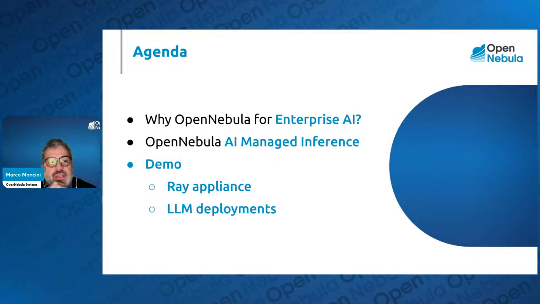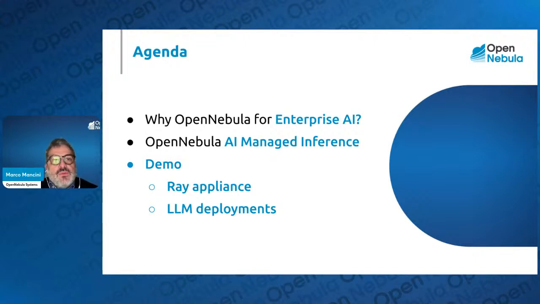Then my colleague Carlos will give you a demo about one of the recent releases that we had in our marketplace, the Ray appliance. And in particular, we are going to show how you can deploy LLMs within your OpenNebula cloud.